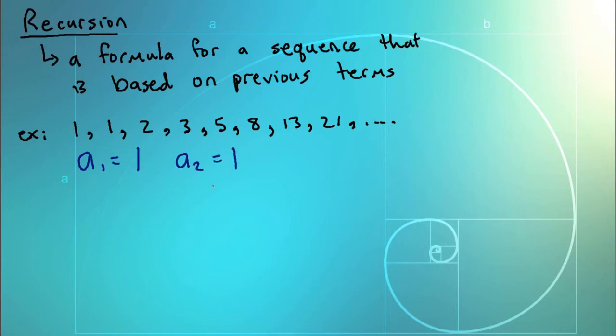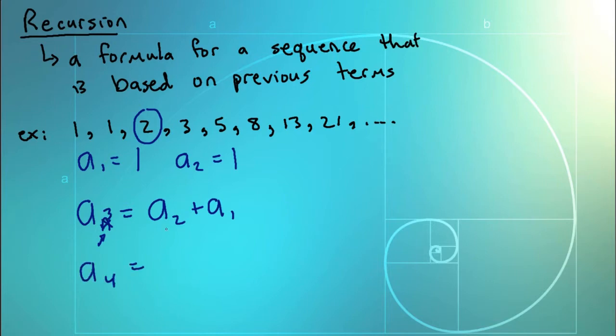But now what I want to do is use these two to write my formula. So my formula will be in the form A subscript n equals, well, now let's think. How do I get this term? Well, by adding the previous two. So I might say, well, that equals A2 plus A1, but I want any term number. So that would give me term 3. So if I take a look at the next term, term 4, well, how do I get that?